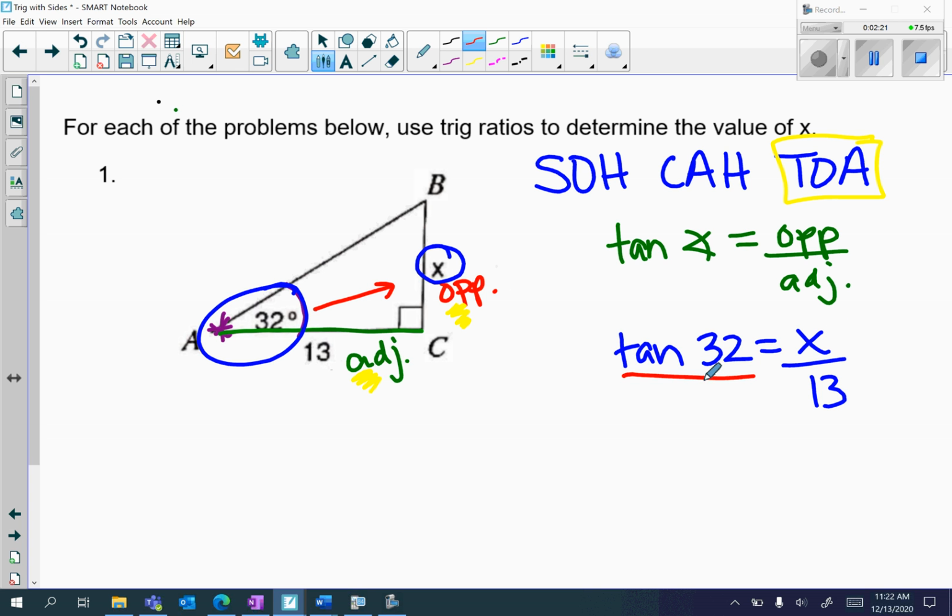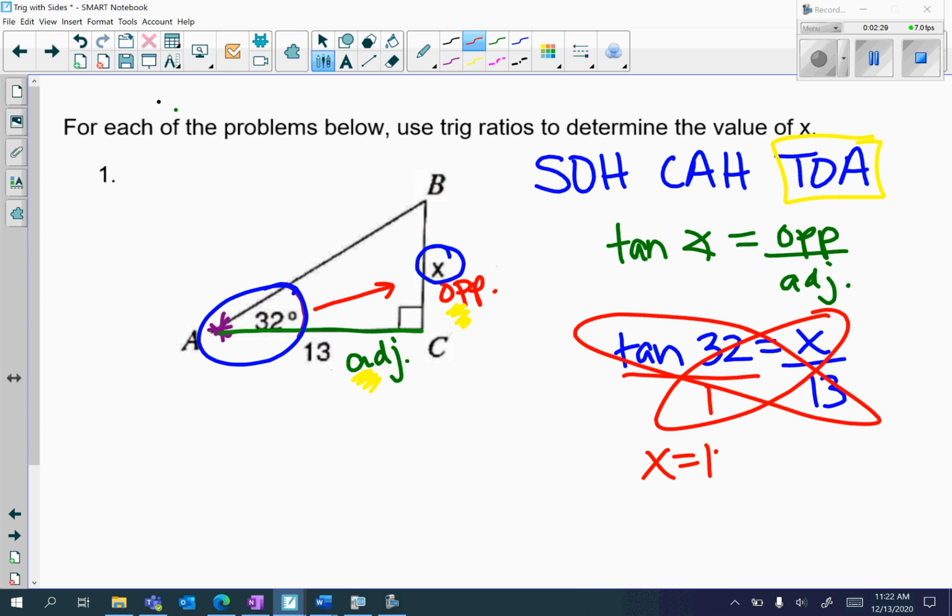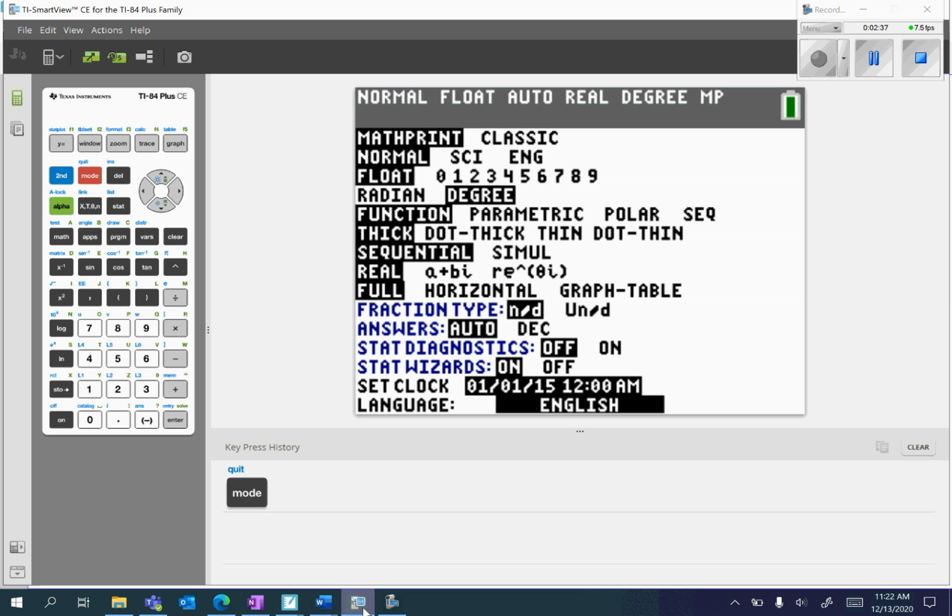I'm going to put tan of 32 over 1, and I'm going to cross multiply. So I have x is equal to 13 times tan of 32. Now for this question, we have to use our calculator. Before we can use our calculator, we have to make sure that our mode is in degree mode, which it is.